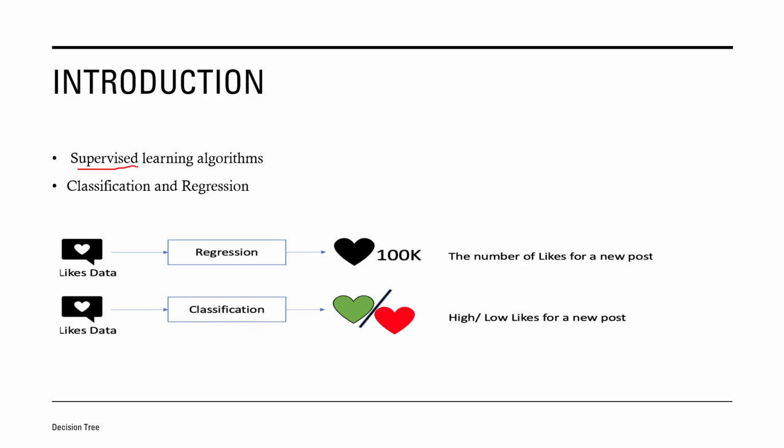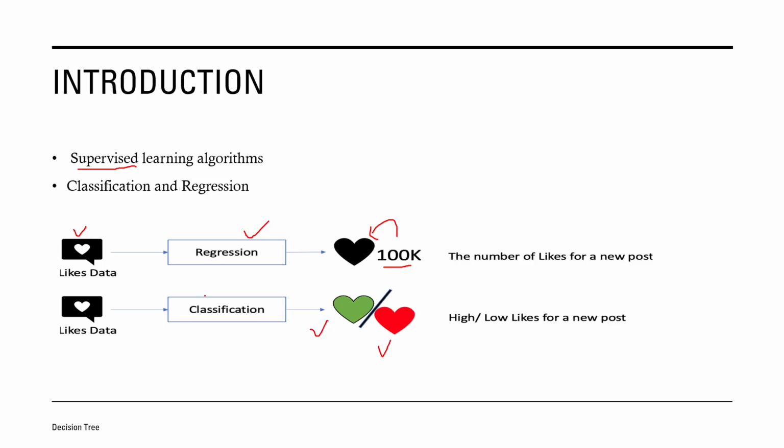So last week we talked about regression. We know that regression predicts a continuous value. For example, this is our regression model. If I give the data set, it can predict a number. We can see that there is a 100k heart sign, and in classification we cannot predict any particular number, rather we predict a label, how many are green, how many are red hearts.